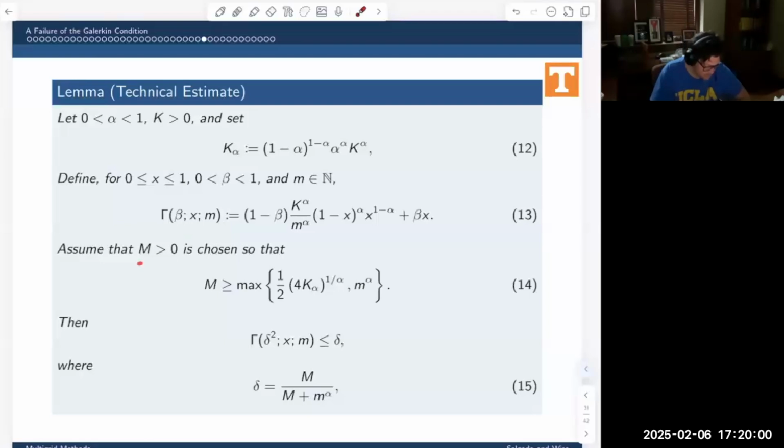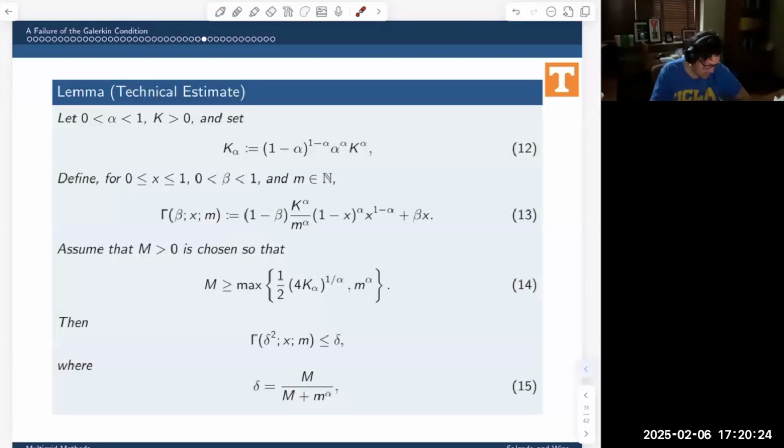Assume that m is chosen so that it is bigger than the max of this number, 1/2 4k to the alpha, 1 over alpha, and m to the alpha. I can always do that, no problem, because this is some positive number, and that's a positive number, and I can choose m bigger than the max.